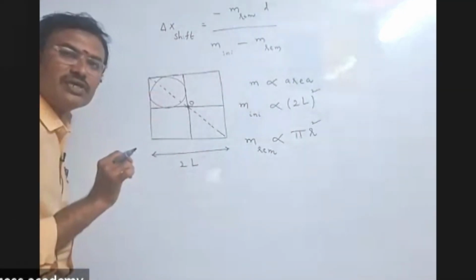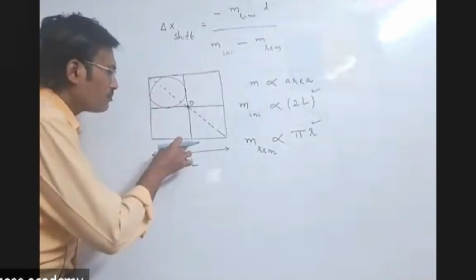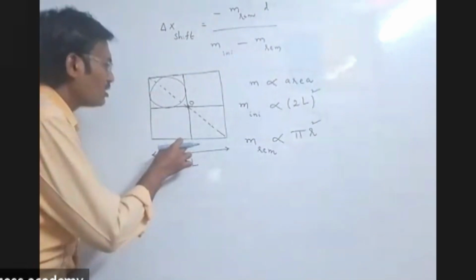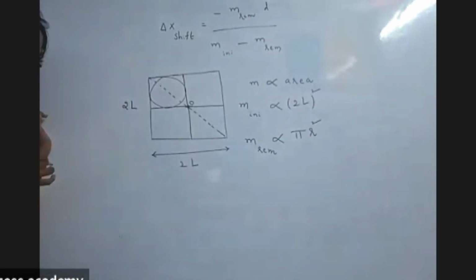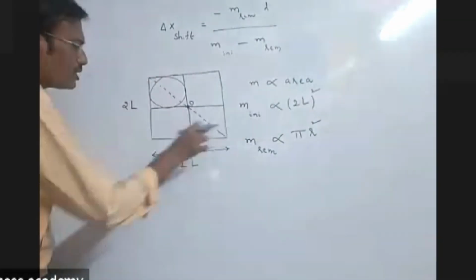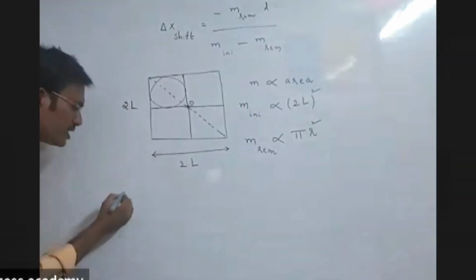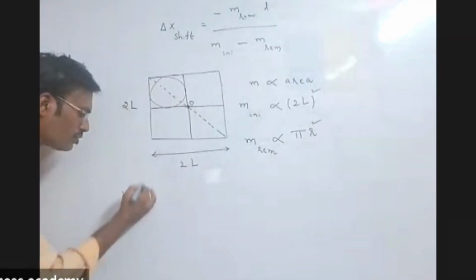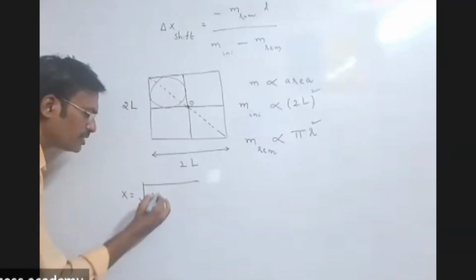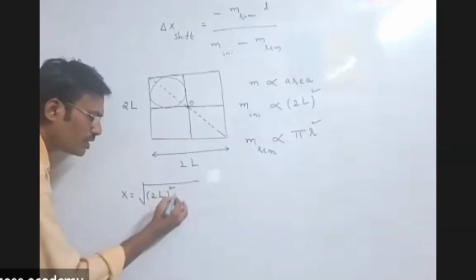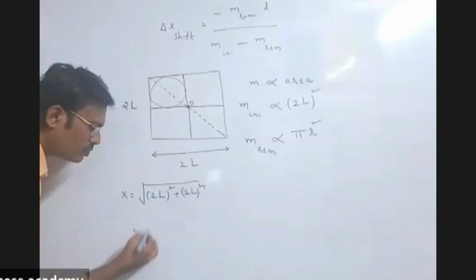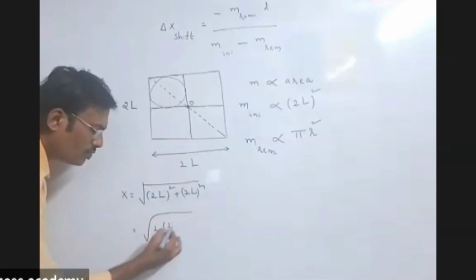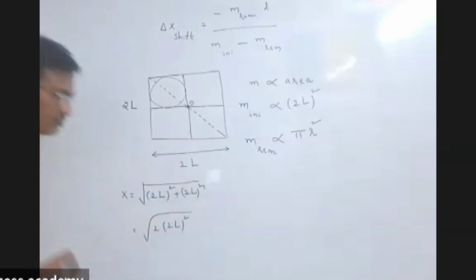This side is 2l, this is 2l, and this is 2l. I want the diagonal. Diagonal, I am taking x, is root over side square plus side square. 2l whole square plus 2l whole square, that is equal to root over 2 into 2l whole square.